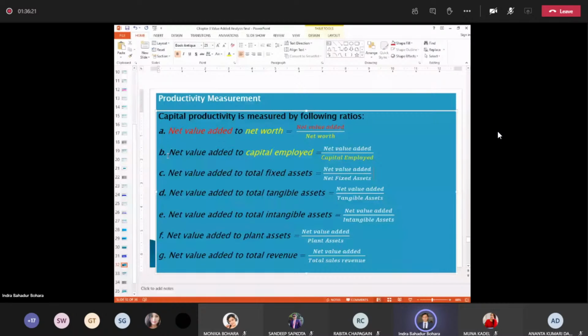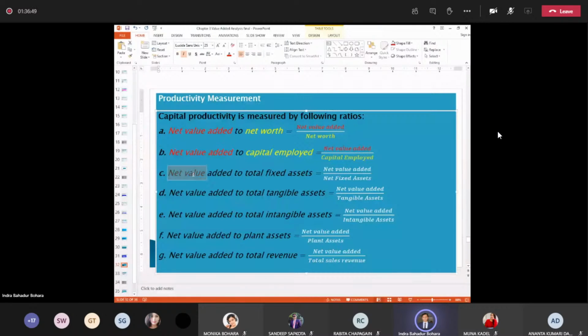Net value added is in the numerator, as I have shown you in red color. Net value added is the first factor, so it should be in the numerator. Capital employed is the second factor, so it should be in the denominator. See, these are the different ratios calculated for measuring capital productivity: net value added with respect to long-term capital.